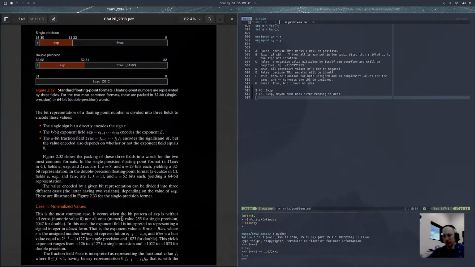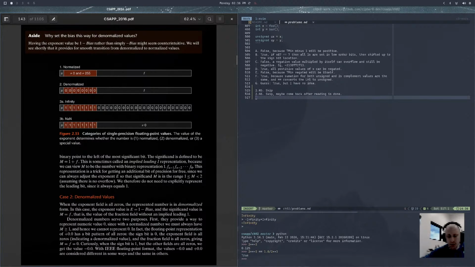That is, with the binary point to the left of the most significant bit. The significand is defined to be m equal to 1 plus f. This is sometimes called the implied leading 1 representation, because we can view m to be the number with the given binary representation.